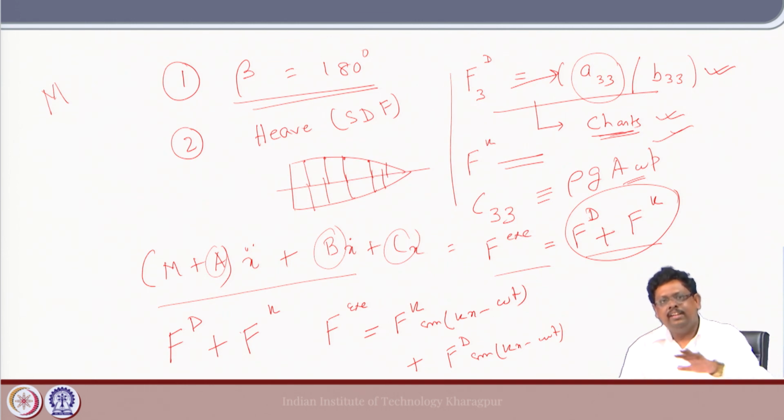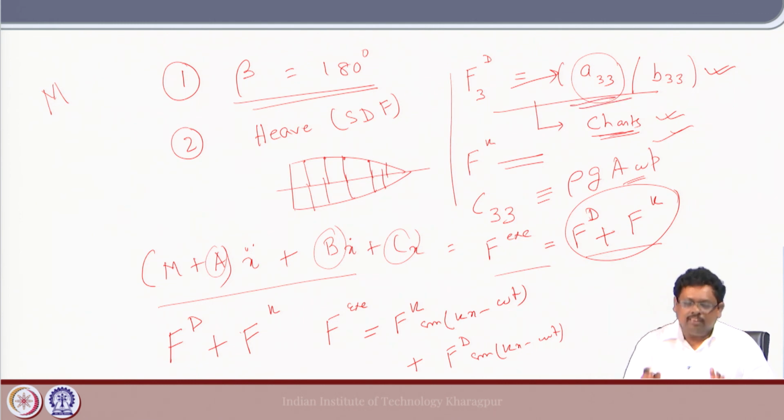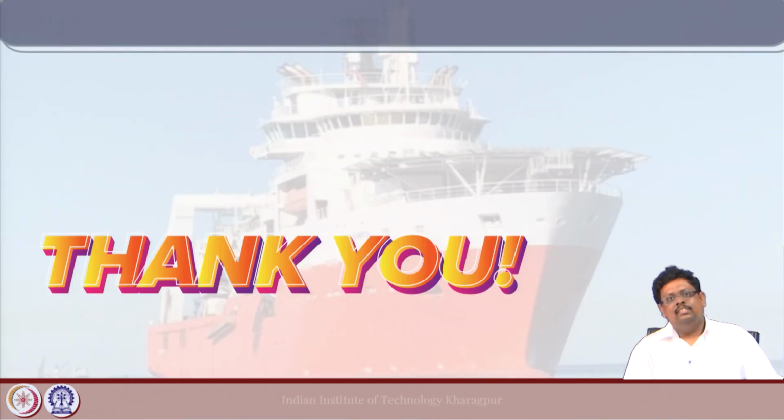Okay, you have all the prerequisites: you know how to solve this equation in time domain using the Euler method, how to write the exciting force, you get the damping from this chart, which will be provided, and then you have to solve the equation of motion. So, that is your home assignment, just for you to try. Let us see how many of you can do this. Okay. Thank you very much.